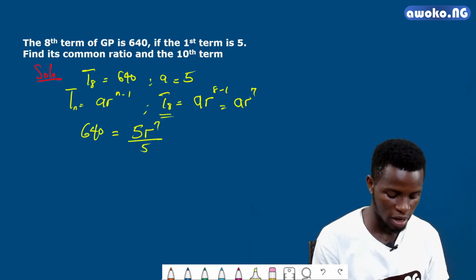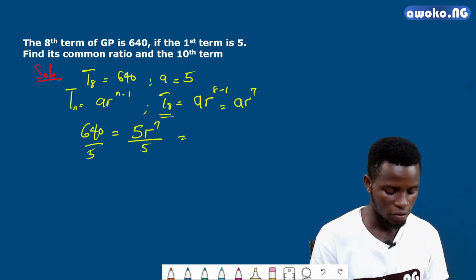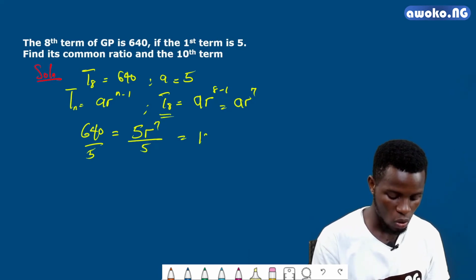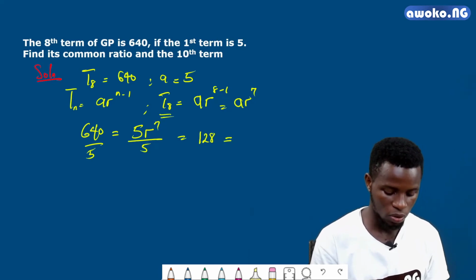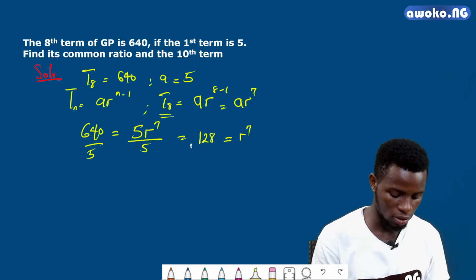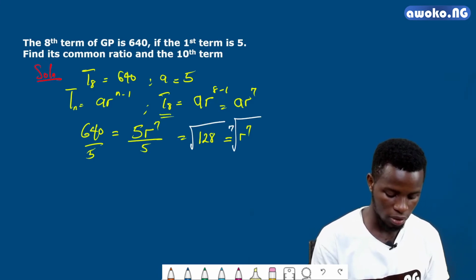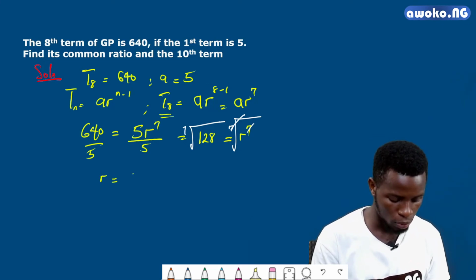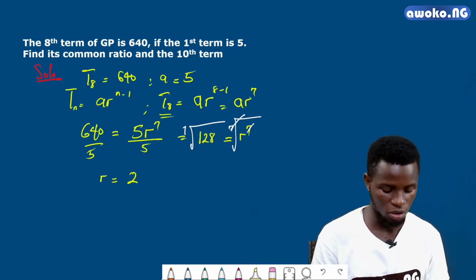If I divide through by 5, 640 divided by 5 gives us 128, which will in turn be equal to r raised to the power of 7. To make sure r stands alone, I'm going to take the 7th root of both sides. Taking the 7th root of both sides, this will cancel out, and we'll be left with r equal to 2, because 2 raised to the power of 7 gives us 128.